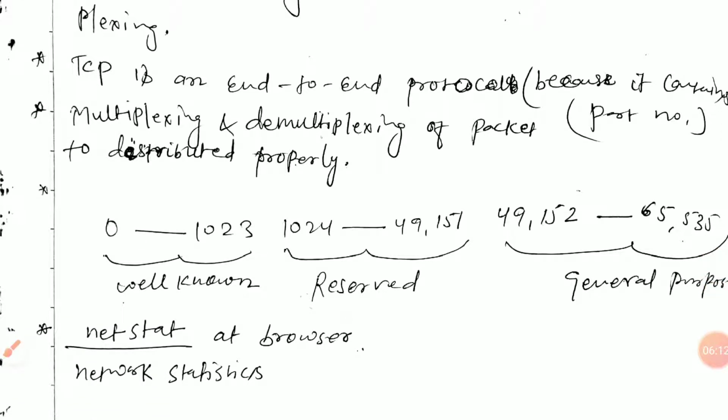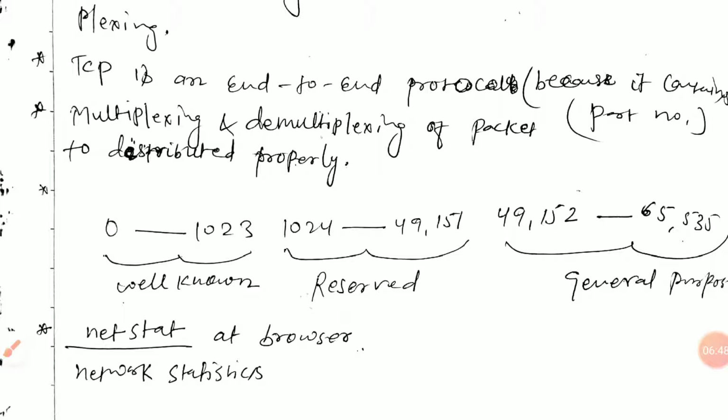Now the total number of ports is 0 to 65535. Among these port numbers, there are three categories; they can be classified into three classes. The first class is the well-known class. As you know, there are some well-known phone numbers like 108 for ambulance, 100 for police, and so on, which you need not remember, or which will be automatically stored in your SIM.